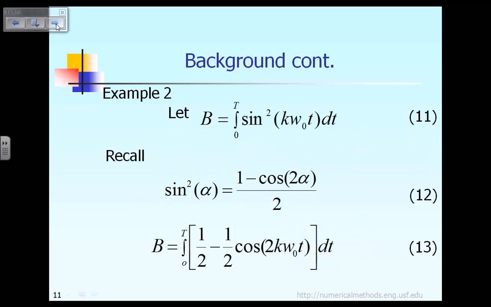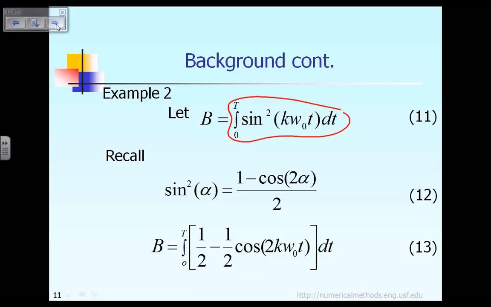Let's take a look at another example, example 2. We would like to evaluate the integral from 0 to the period capital T of the function sin squared k omega naught t. Let's call that integral B. It may not be easy to integrate the function sin squared.